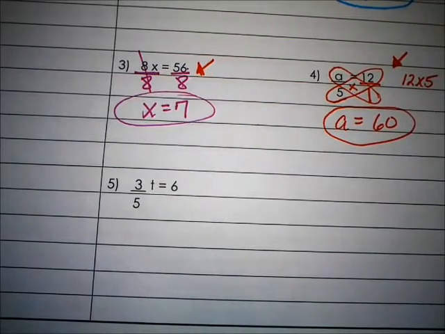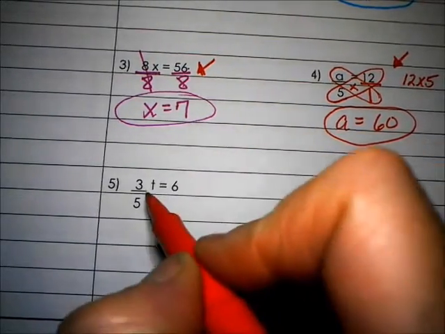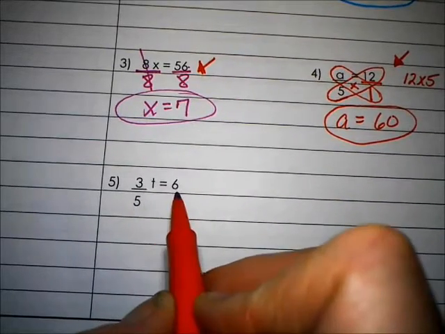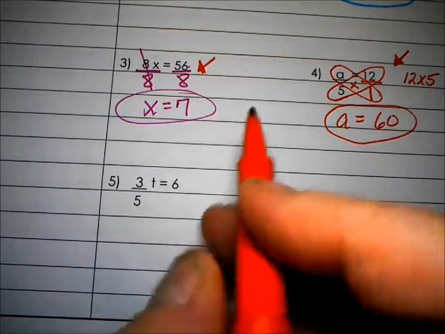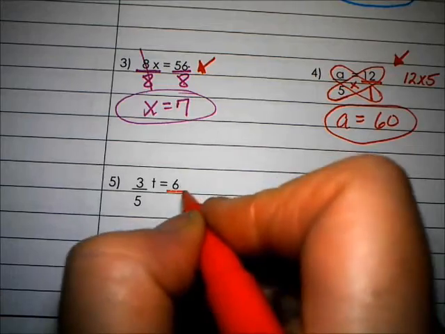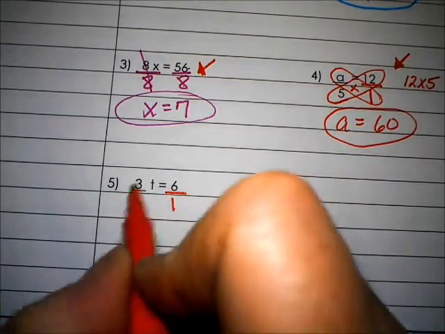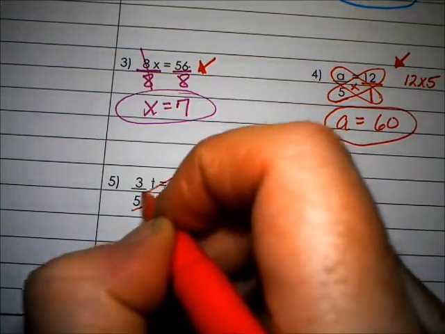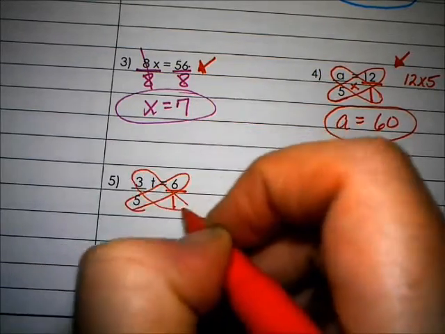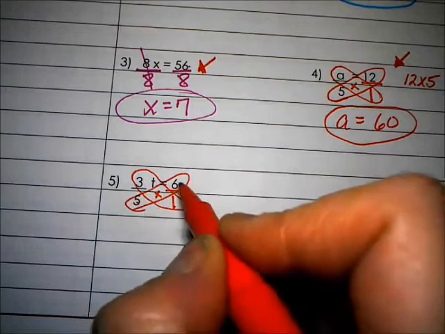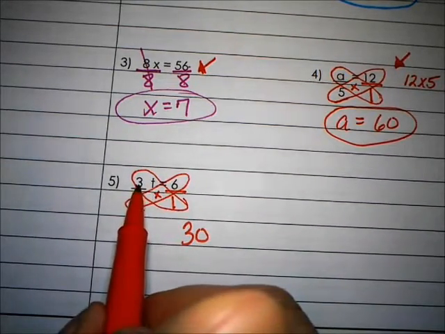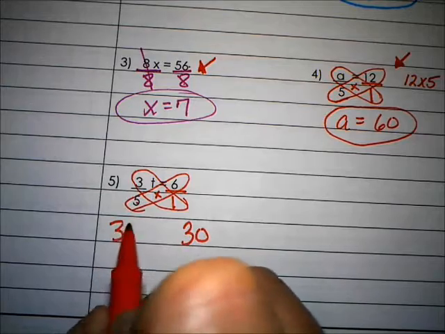On number 5, notice we have a fraction going on here: 3t divided by 5 equals 6. I'm still going to make the 6 over 1. Since this is a fraction, I'm going to treat it like I did number 4 and cross multiply. 5 times 6 is 30, and 3 times 1 is 3.